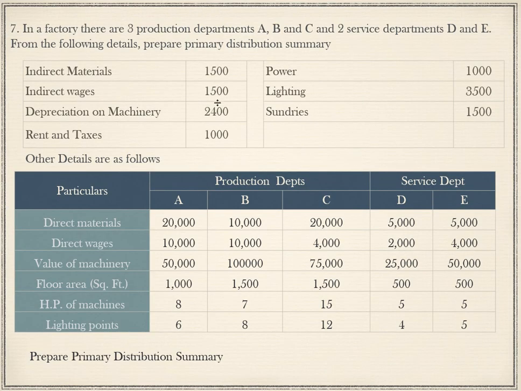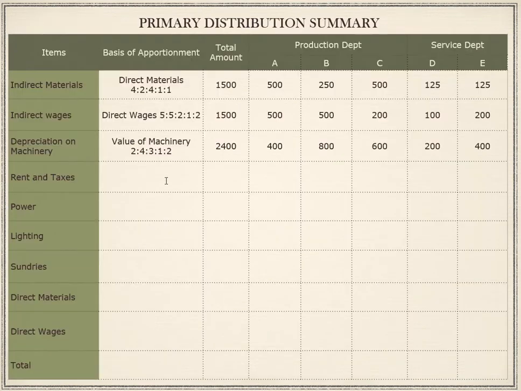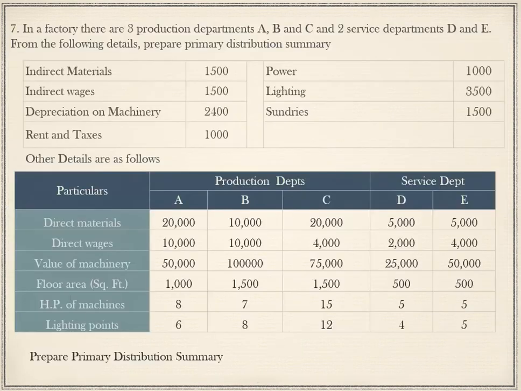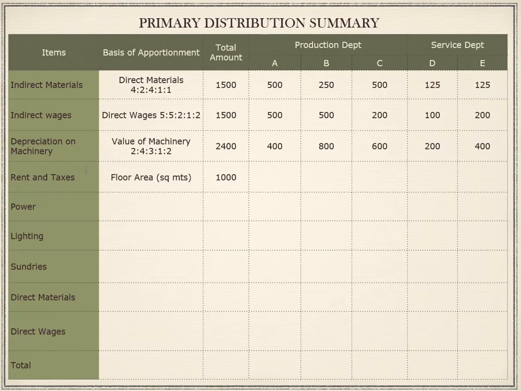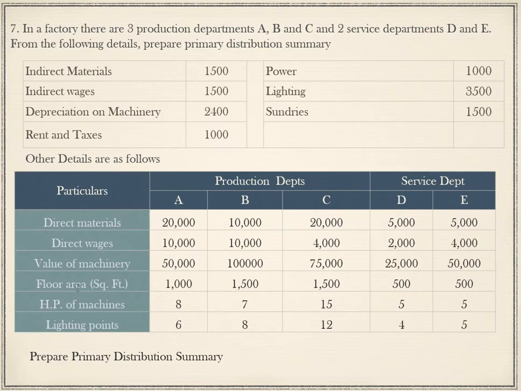Next one is rent and taxes. Rent and taxes amount is 1000, and the basis for this is floor area, which is in square feet. I'm taking it as it is, and the ratio of this is 2 is to 3 is to 3 is to 1 is to 1.